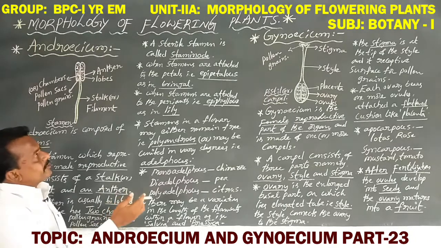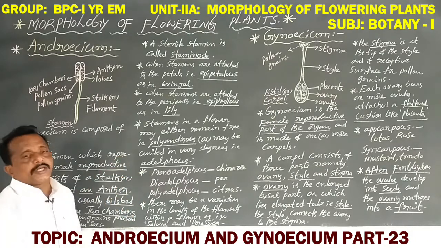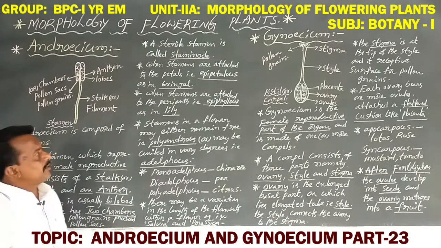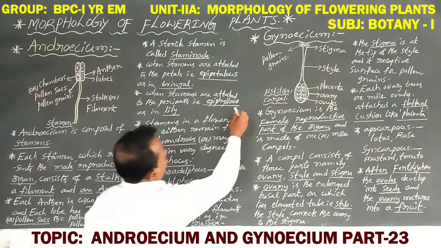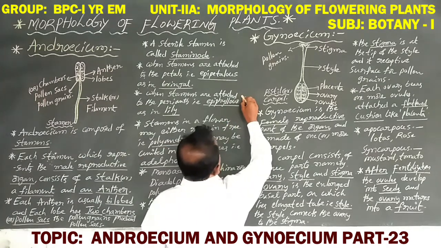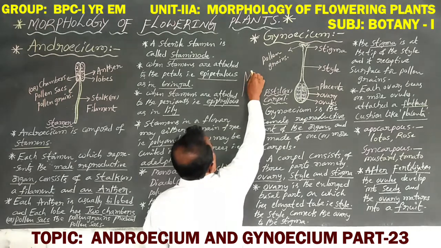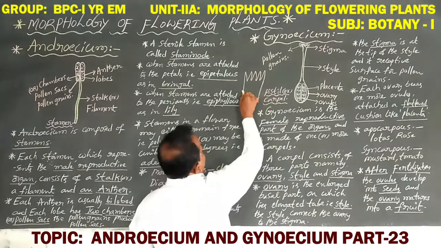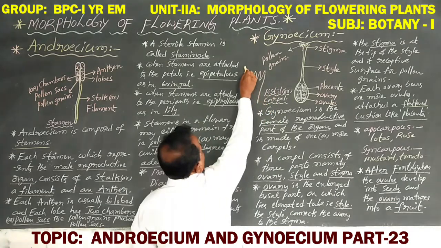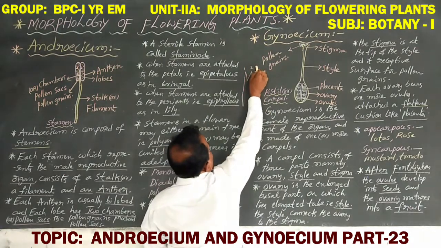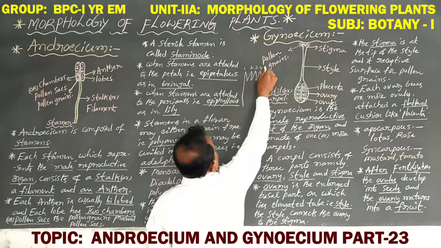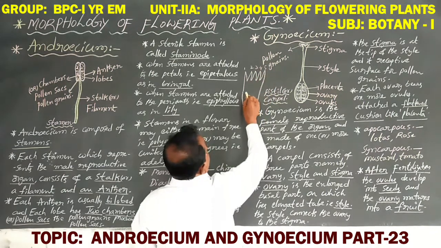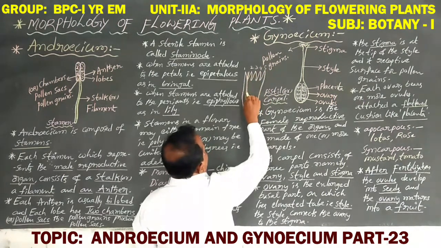When stamens are attached to the petals, these are the petals. How many petals are here? 5 petals: first petal, second, third, fourth, and fifth. At the same time, there are 5 stamens.